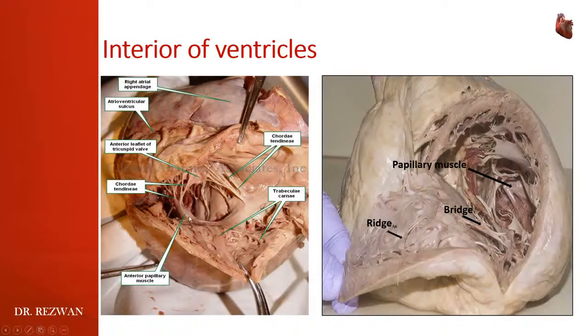At the same time, we can see that the pillars are attached with some fibrous structure that is called the chorda tendineae, and the chorda tendineae is attached with the cusp of the valve. And over here the trabeculae carneae, that means ridges and bridges. With some details we can see these are the ridges, that is the elevation, just the elevation, and the bridges we can see that the two ends are fixed and centrally they are free, and obviously again the papillary muscles, and these are the cusps with the chorda tendineae.